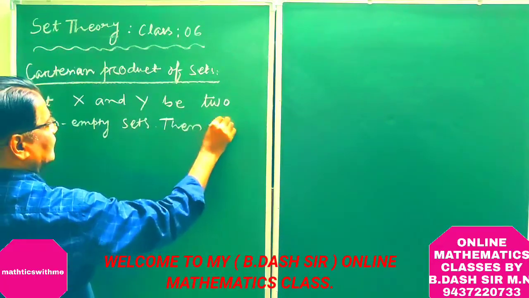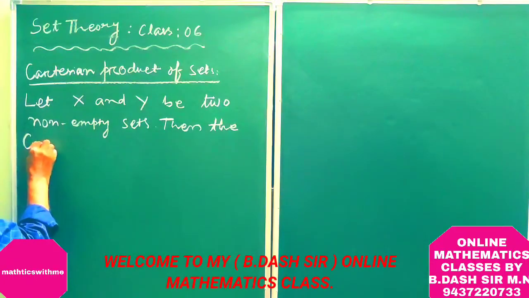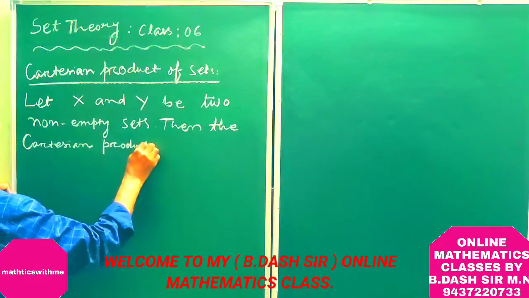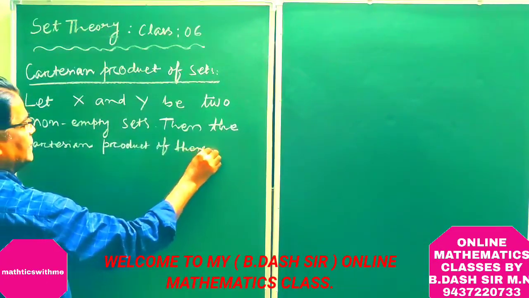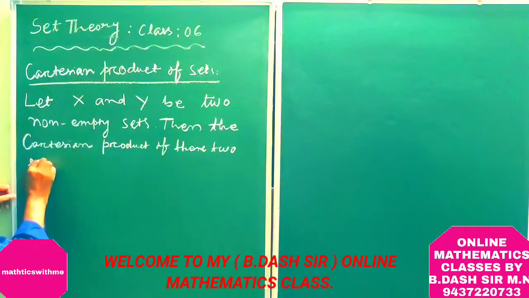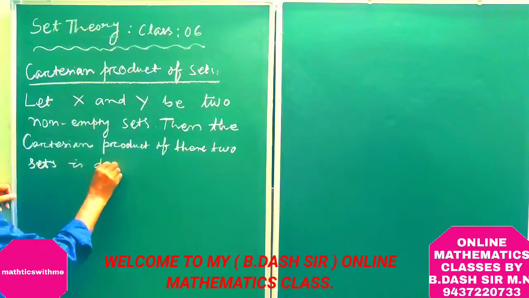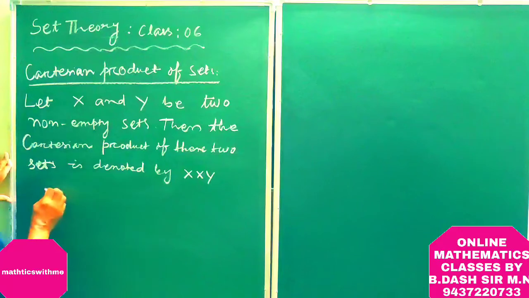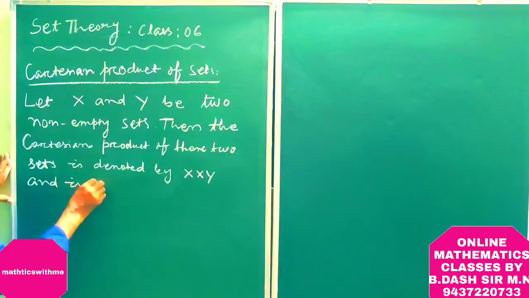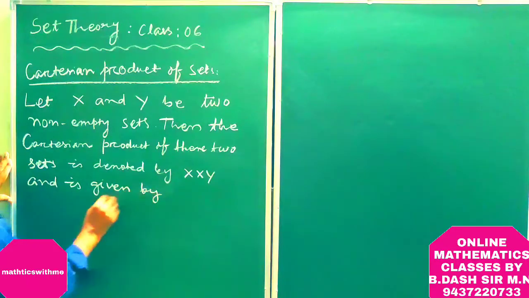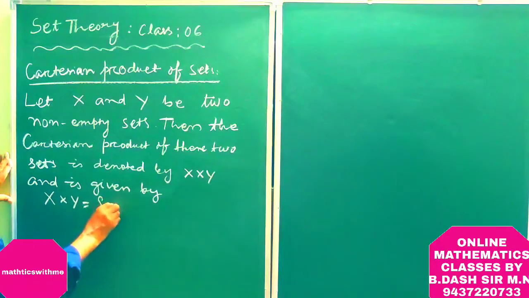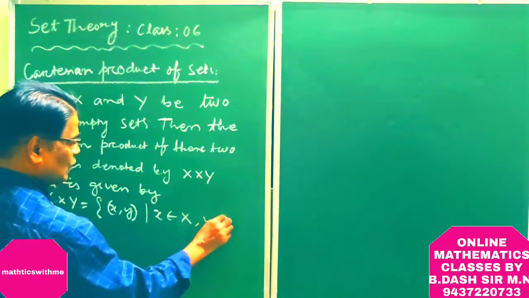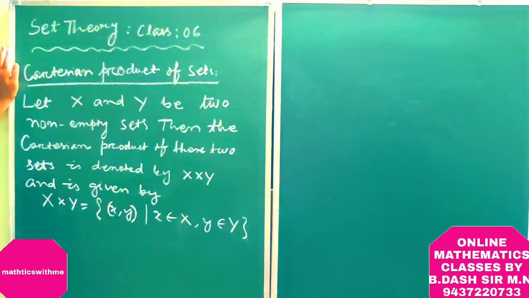Then the Cartesian product of these two sets is denoted by X cross Y and is given by X cross Y is equal to the ordered pair (x, y) such that x belongs to capital X, y belongs to capital Y.